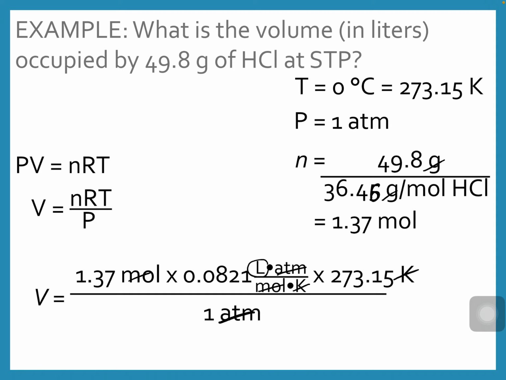So 1.37 times 0.0821 times 273.15 divided by 1. And so that is 30.6 liters of hydrochloric acid. 30.6 liters is the amount of space that 49.8 grams of hydrochloric acid is going to occupy at STP, so 0 degrees Celsius and 1 atmosphere.